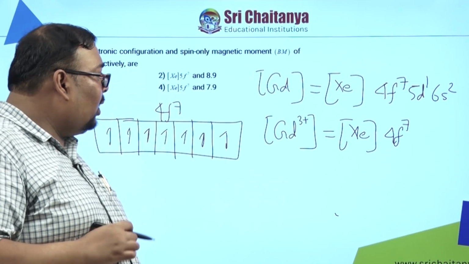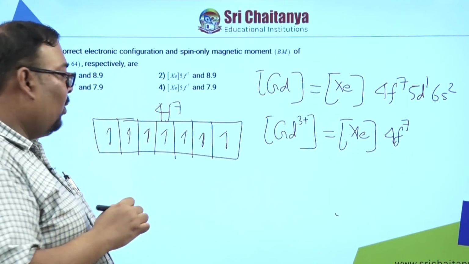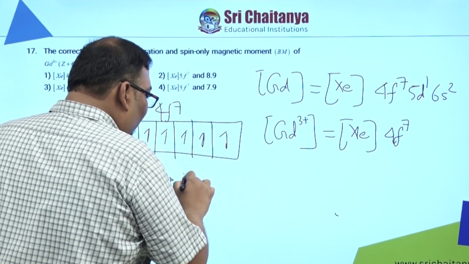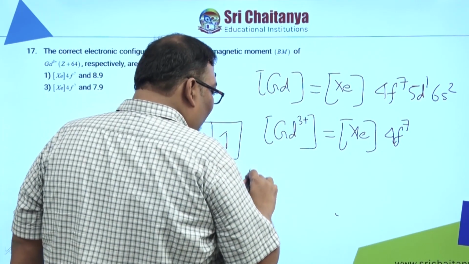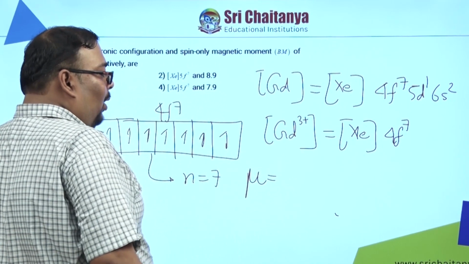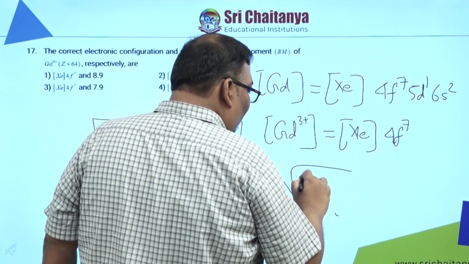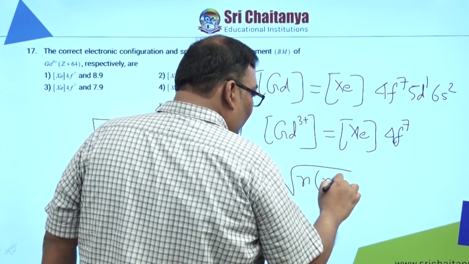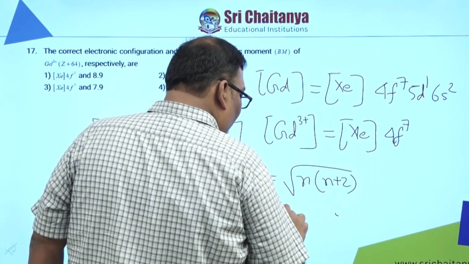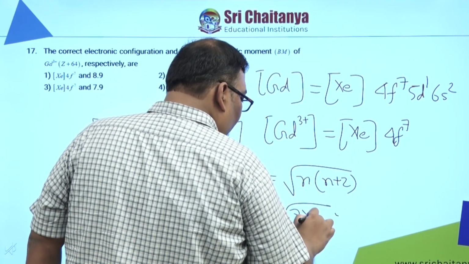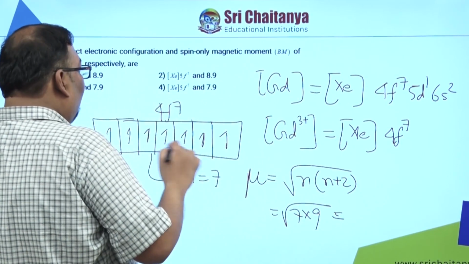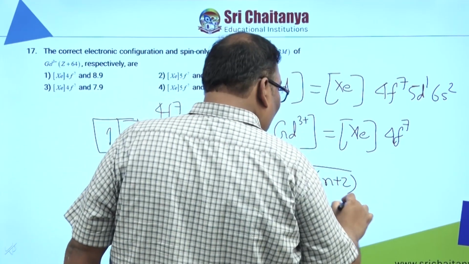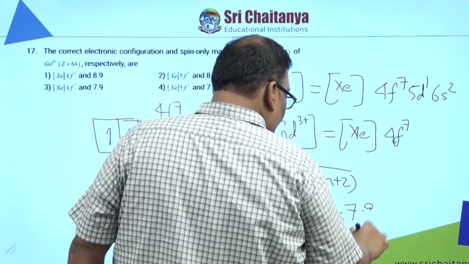So you see Gd3+ will have 7 unpaired electrons. So the value of unpaired electrons is 7. The spin only magnetic moment is given by the formula root of n into n plus 2. So it will be under root of 7 into 9, and that will be equal to root of 63. Now root of 63 will be something less than 8, so it will be 7.9.